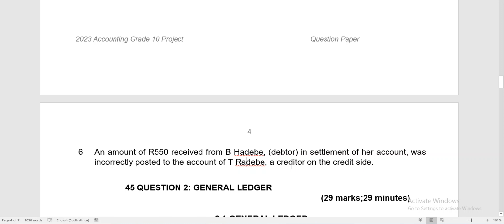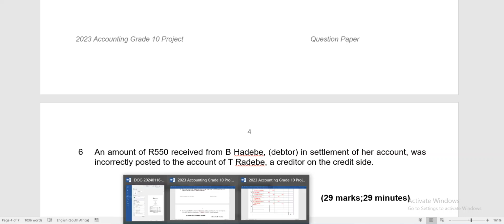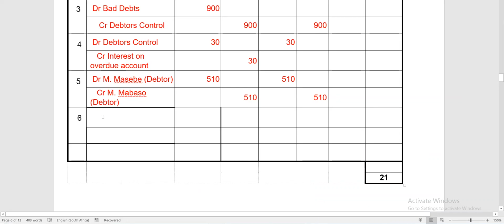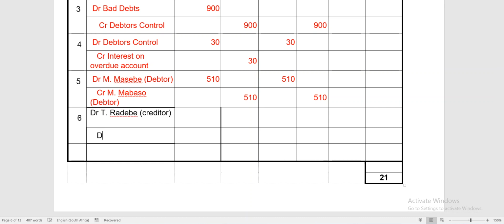We must reverse it and then go and record it on the debit side so that it can cancel that entry. So we will debit T Radebe's account. So remember, we are going to say debit T Radebe. Remember, this person is a creditor, and then which means we are going to then debit.